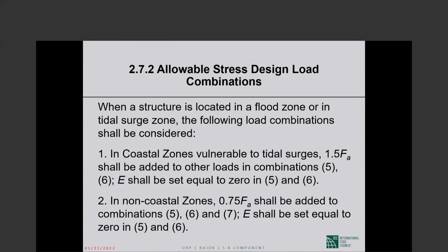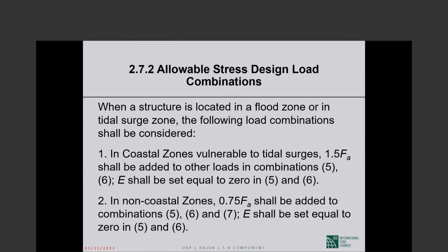This is 7, this also involves wind, but in the first one, we are talking about 5 and 6 only. So in coastal zones vulnerable to tidal surges, 1.5 F sub A shall be added to other loads in combinations 5 and 6. The earthquake effect shall be set equal to 0 in those load combinations. When we are considering tidal surge, we will also not consider simultaneously earthquake effects.